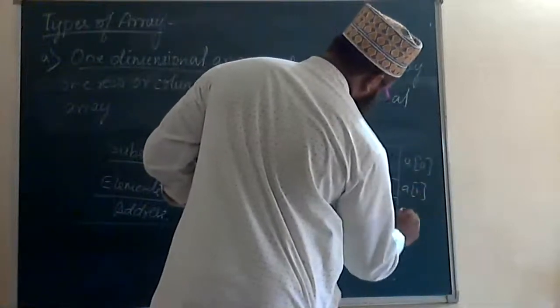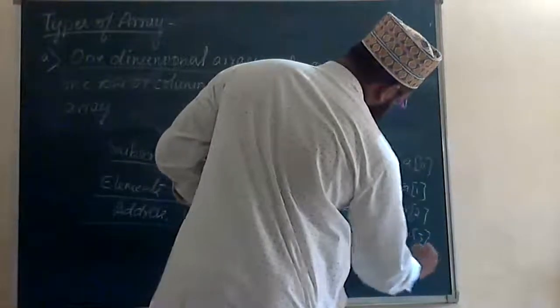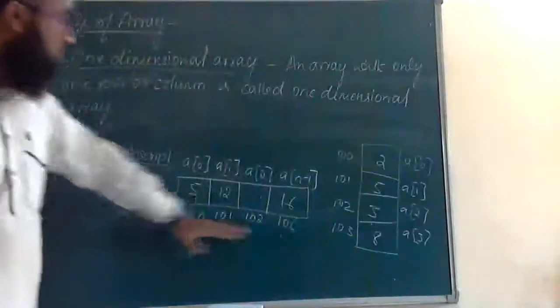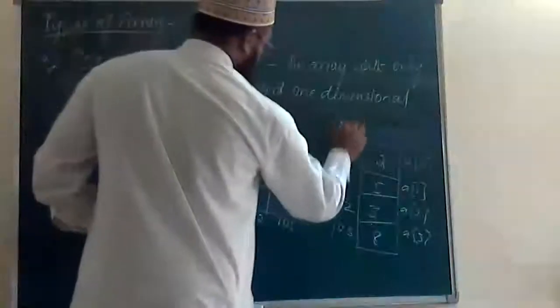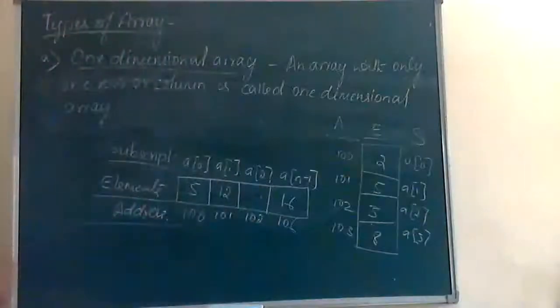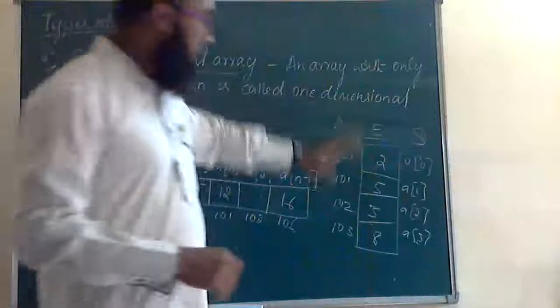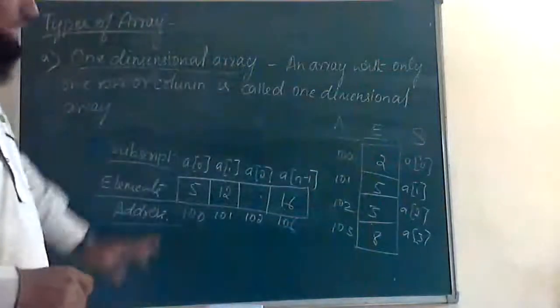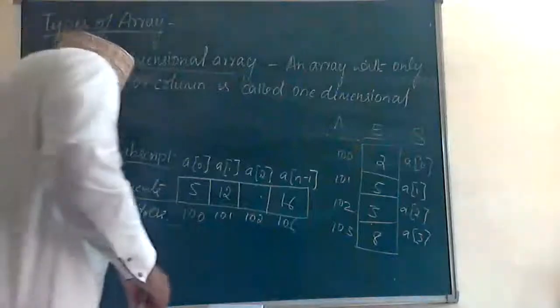A of 0, A of 1, A of 2, and A of 3. See, the same thing. This is a row and this is a column. These are called the addresses, and these are the elements. This is the subscript. This array is in a row, this is in a column. So this type of array we can call a one-dimensional array.